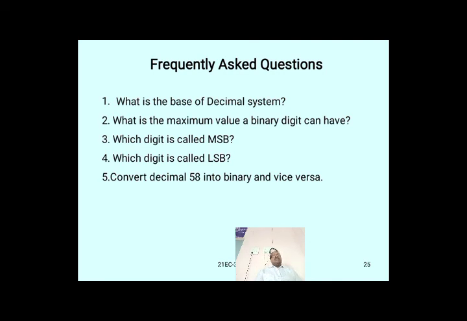Okay? Please make a note of these questions and complete the assignment and submit in the next class. If you have any doubt, you can ask me. Okay. I will inform you.